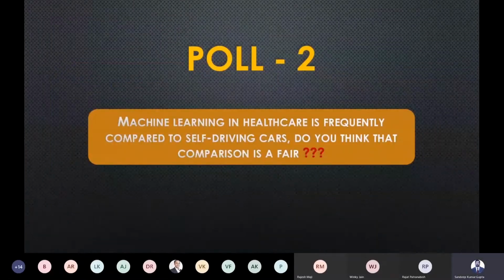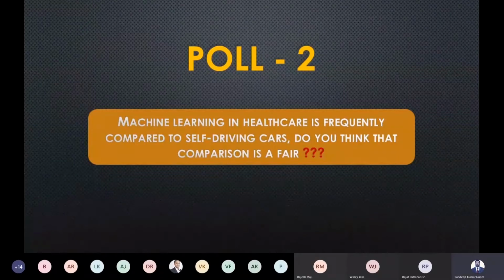So here, time for the next poll. Let me take your views on this. Machine learning in healthcare is frequently compared to self-driving cars. Do you think that comparison is a fair one? Let me know your views. You can post your response in the chat box.